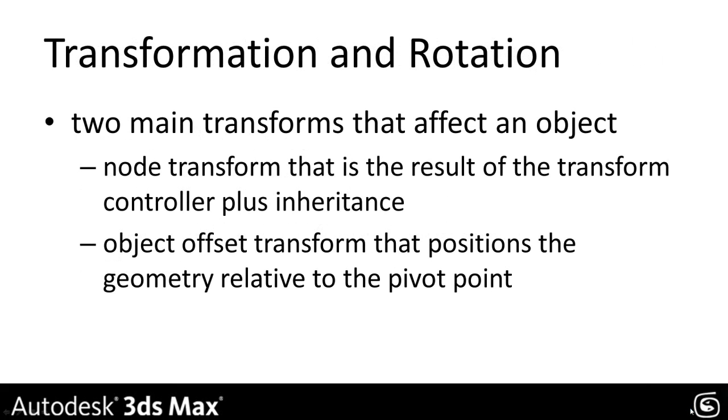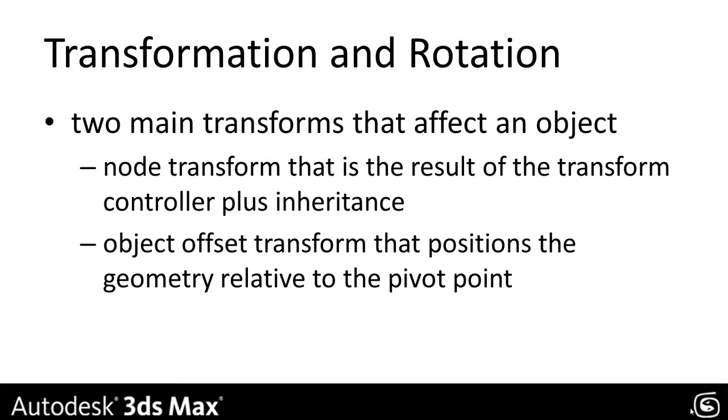So first of all, let's talk about transformation and rotation. There's two main transforms that affect an object. The first one is the node transform, that is basically the result of the transform controller plus any inheritance from its children. The transform controller we'll talk about in a minute. And then applied to that can be an object offset transform that positions the geometry relative to the pivot point.